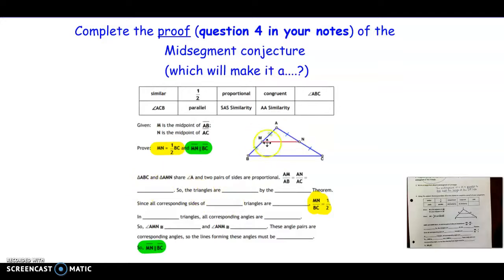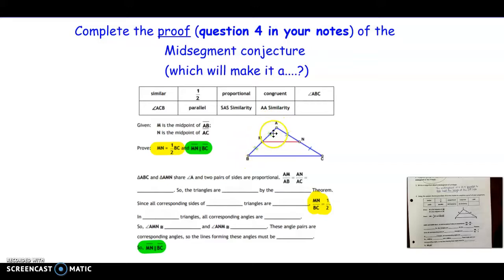So it tells me triangle ABC, which is the large triangle, and triangle AMN, the small triangle, share angle A. So we know angle A is congruent to itself by the reflexive property. And they share two pairs of sides that are proportional. So we have AM to AB, so that's the small triangle side to the large triangle side.